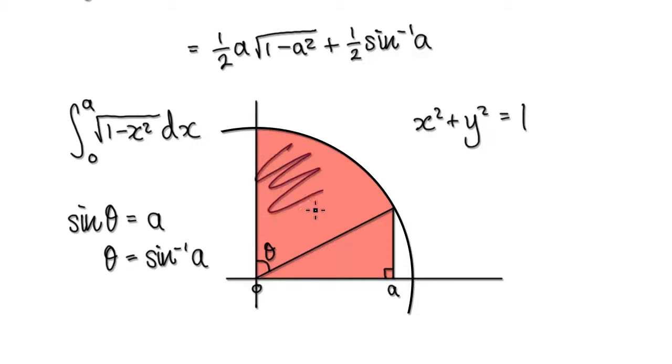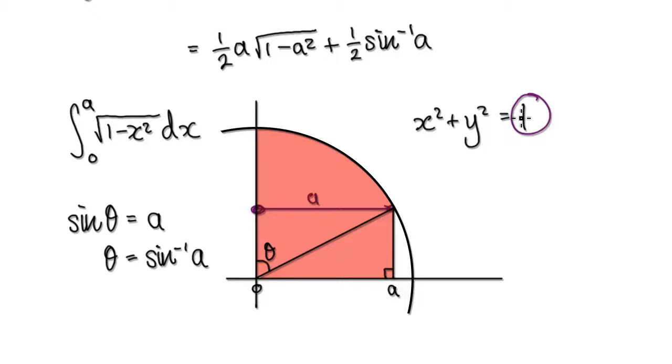We want to find out this whole area here. The minute we know this angle, then we can work out the area. So let's work out the angle here. Well, if from here to here is A, then from here to here is also A. So now we can work out the angle.